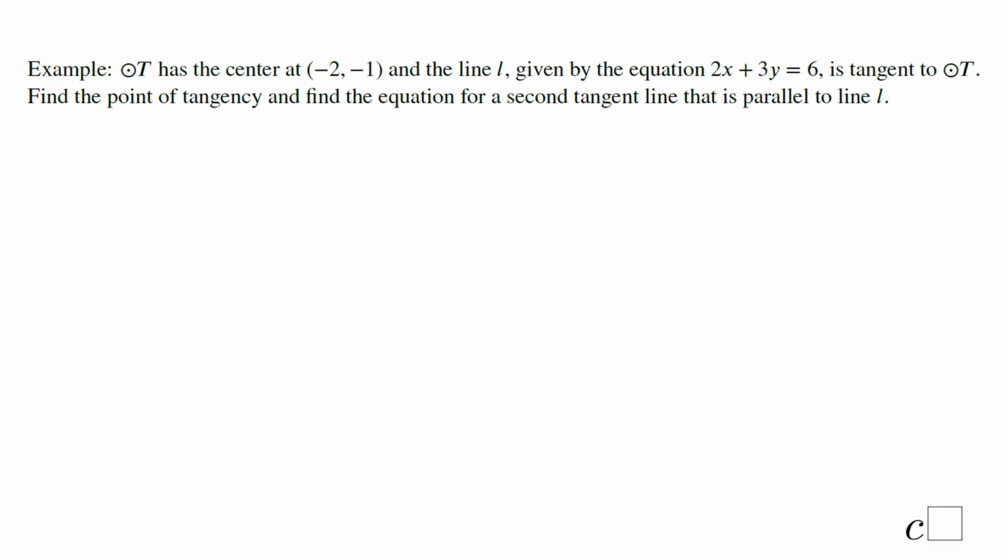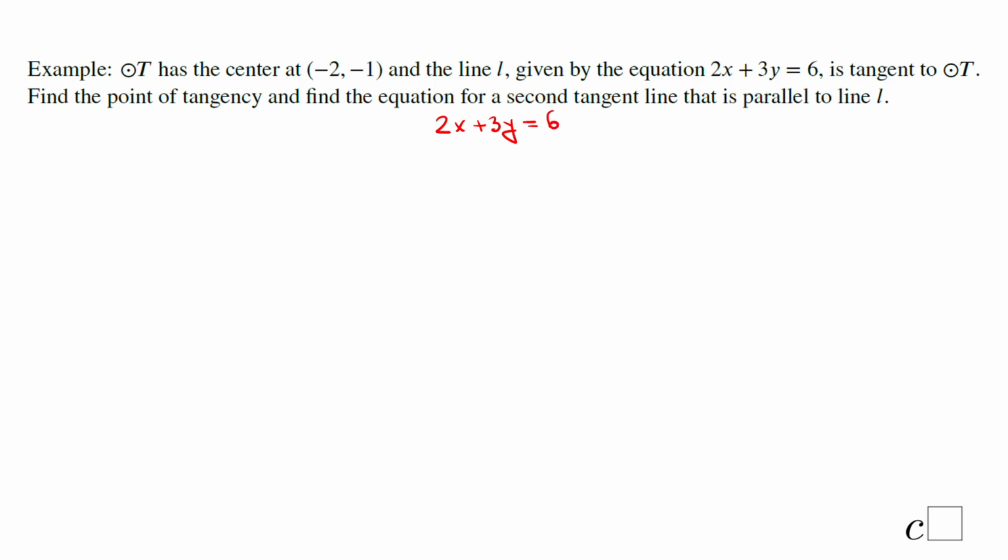You see here we have a circle T that has the center at -2 and -1, and the line L given by the equation 2x plus 3y equals 6. We need to find the point of tangency. So what you want to do here is start from this equation 2x plus 3y equals 6 and find the slope.